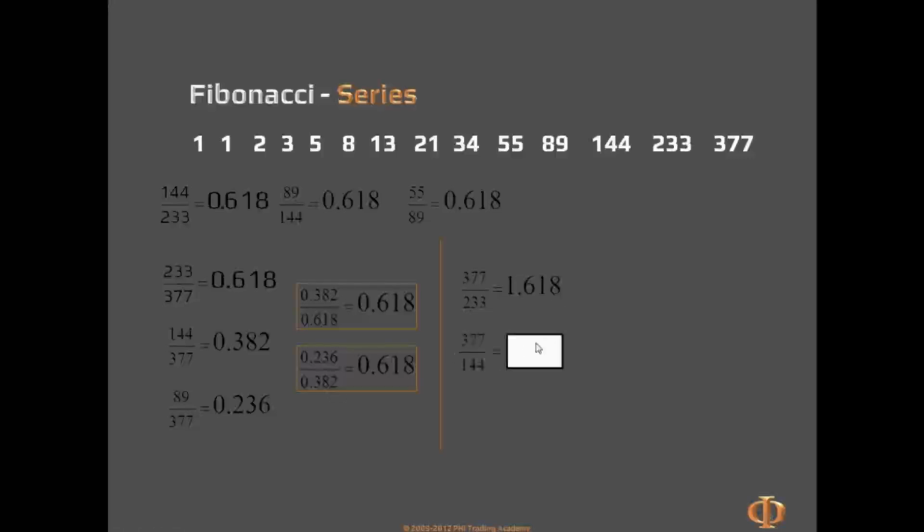If I divide 377 by 144, I get 2.618. And if I do 377 by 89, I get 4.236. Now, if I divide 1.618 by 2.618, I get 0.618 again. And if I divide 2.618 by 4.236, I get 0.618 again.